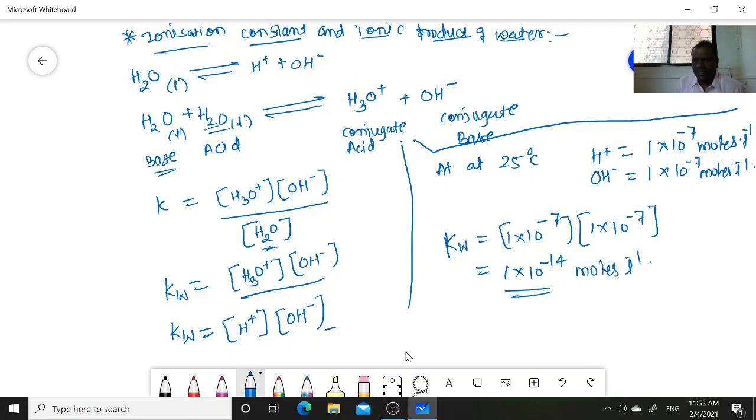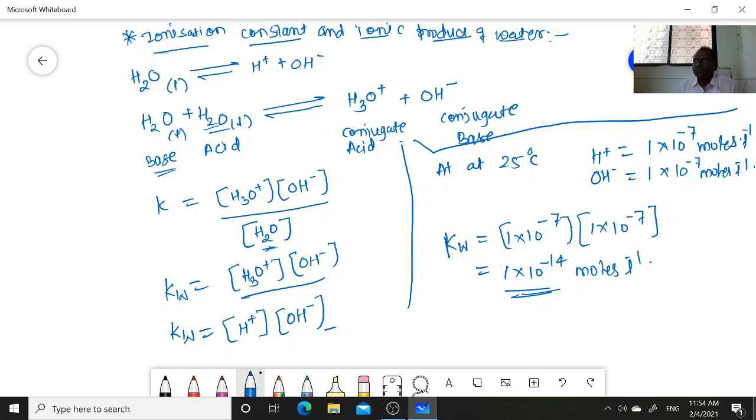This is the dissociation constant of water, Kw. That is, it is the product of the molar concentrations of hydrogen and hydroxyl ions in pure water. Since the ionic product of water is an equilibrium constant, it varies with the temperature. Remember that it varies with the temperature.